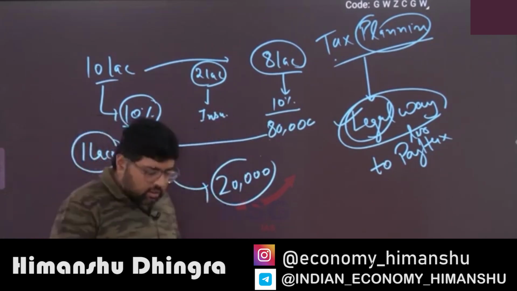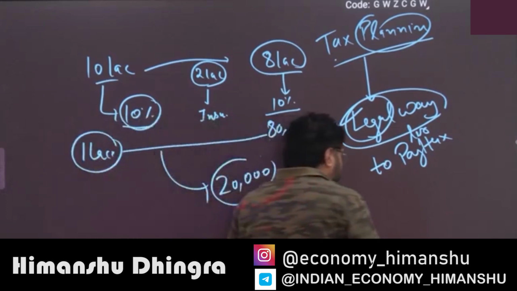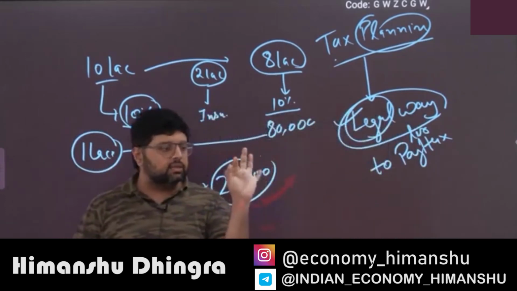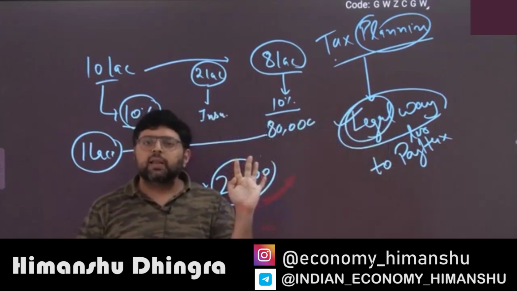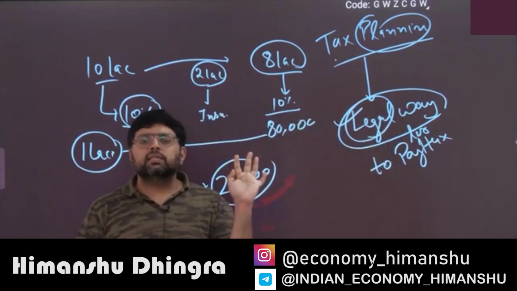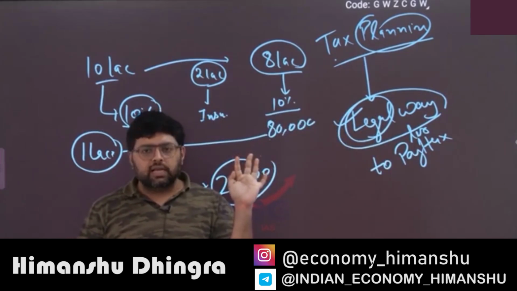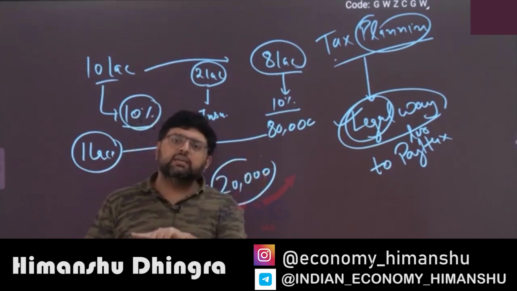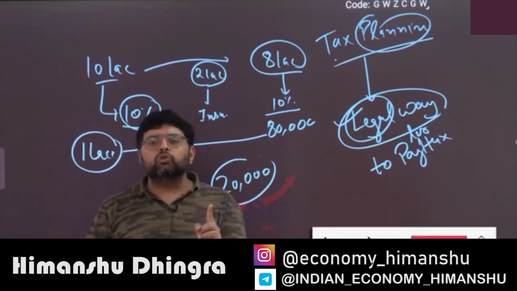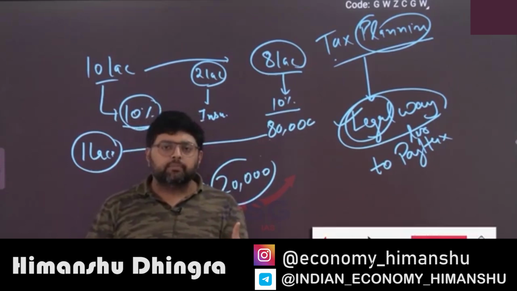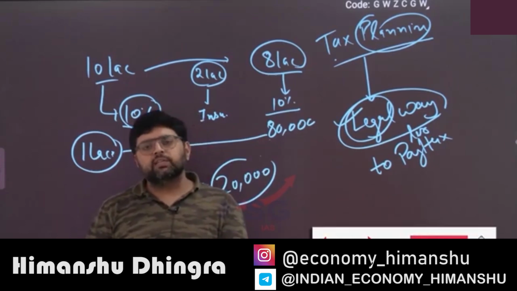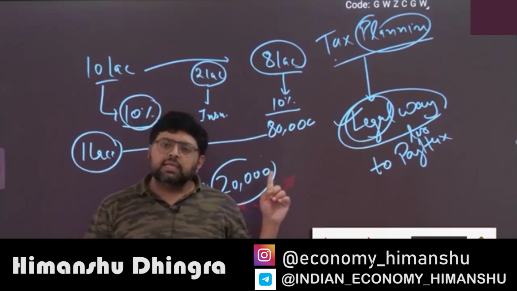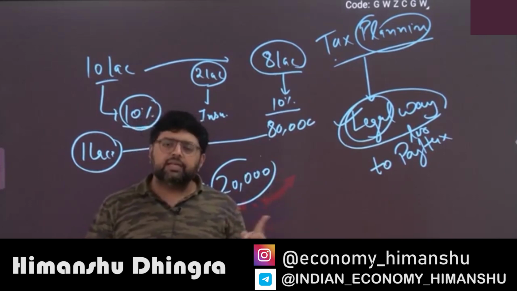Now if it is clear, we have covered these terms: tax burden and tax incidence, tax base, tax planning, which is also known as tax shelter, tax holiday, tax avoidance, and tax evasion. Tax evasion is illegal, and the outcome of tax evasion will be black money, clear? Whereas tax planning is legal, so it is allowed.